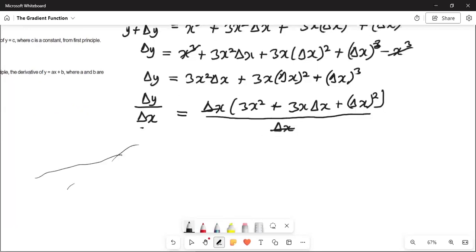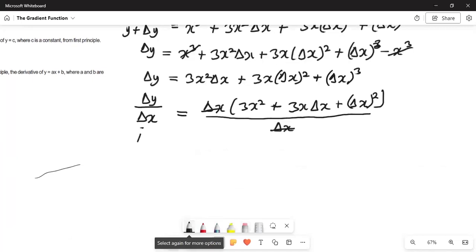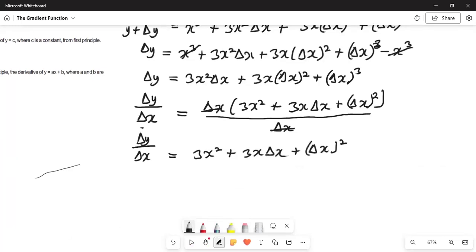So delta y over delta x is equal to 3x squared plus 3x delta x plus delta x squared. And the limit of delta y over delta x as delta x approaches 0, the limit of this function 3x squared plus 3x delta x plus delta x squared, will be 3x squared, because delta x is approaching 0.